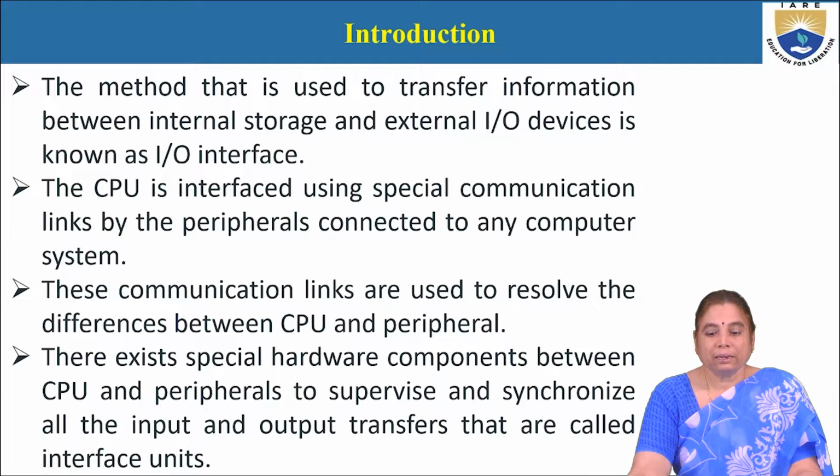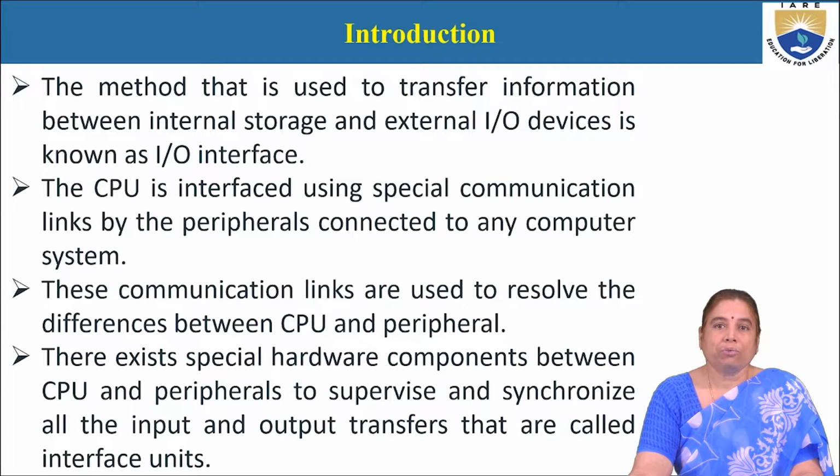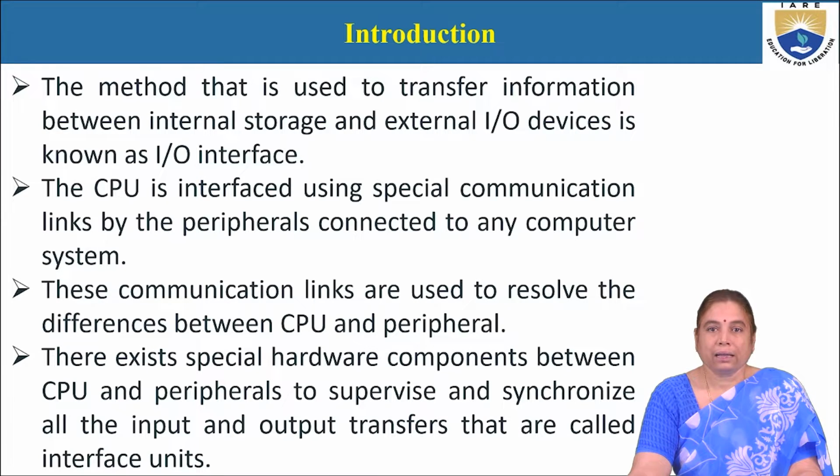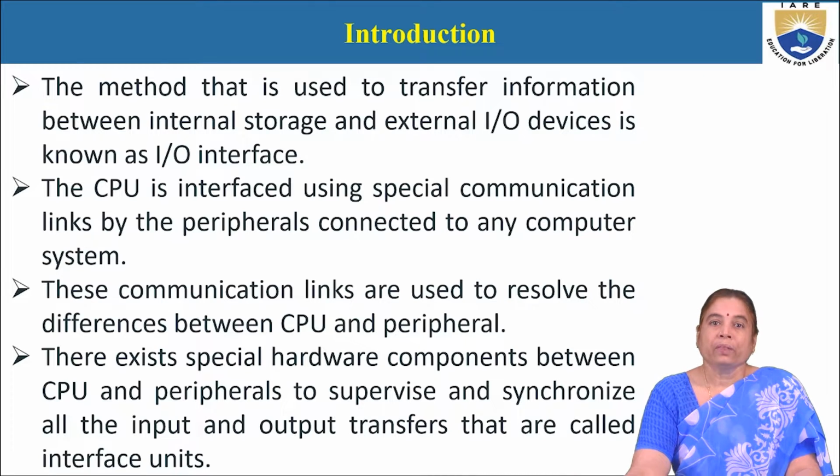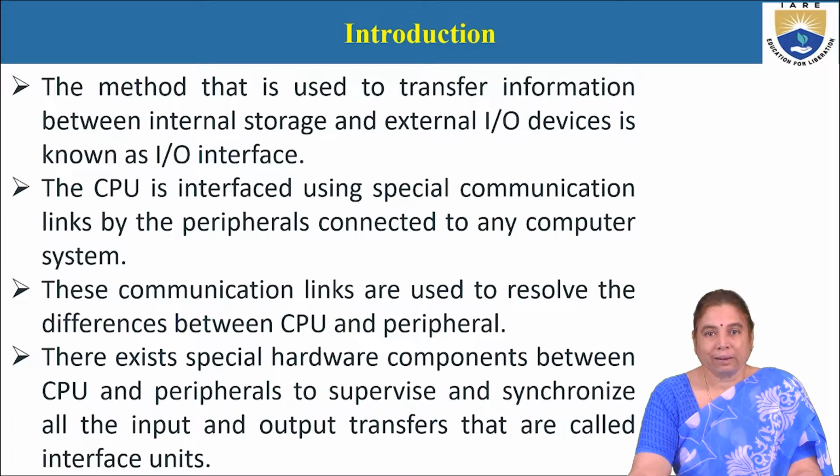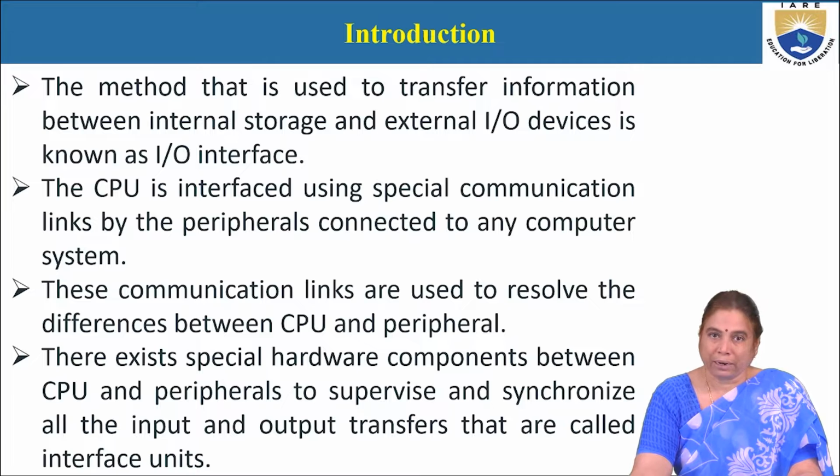The method that is used to transfer information between internal storage and external IO devices is known as the IO interface. From the input devices, the data can be accepted and written into the memory, and the results that are produced as a result of processing are stored in the internal storage memory.